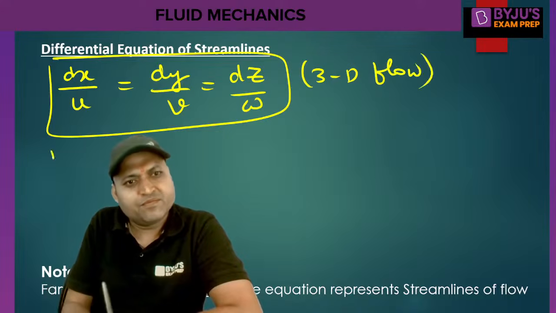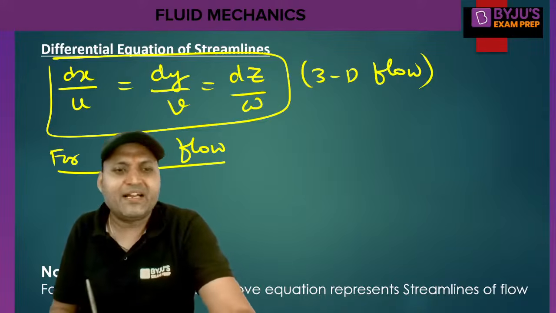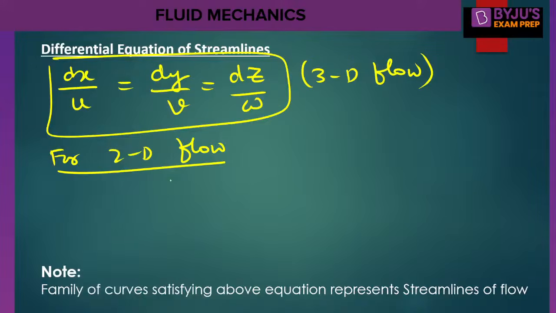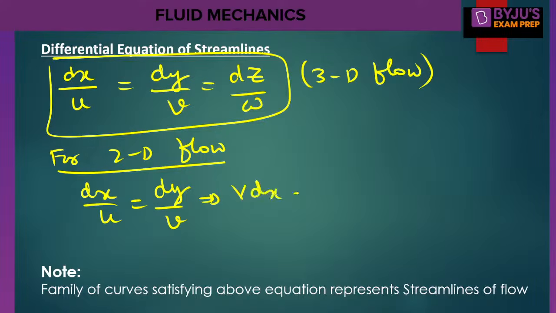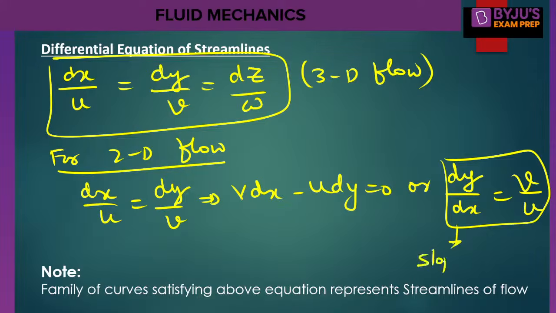For two-dimensional flow, we can write it as dx by u is equal to dy by v, or v dx minus u dy is equal to 0, or dy by dx is equal to v by u. That is also called the slope of a streamline.